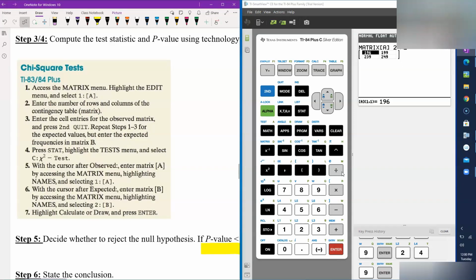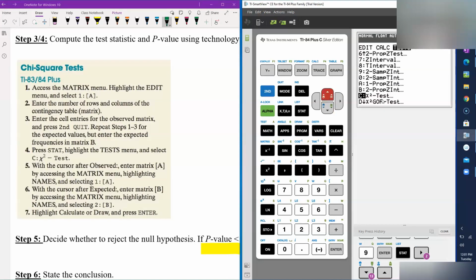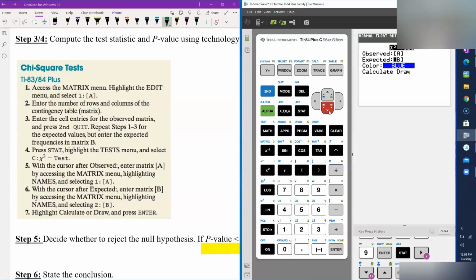So I'm going to jump to step number 4. So stat, test, finding chi-square. Okay, so this one is chi-square test. Here we have our observed was matrix A, expected B. We didn't enter what we have for expected here, so that's fine.